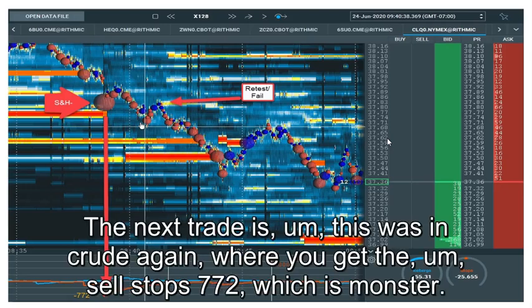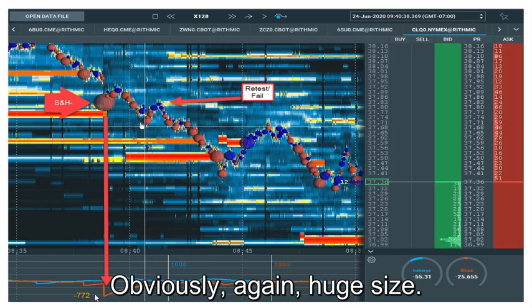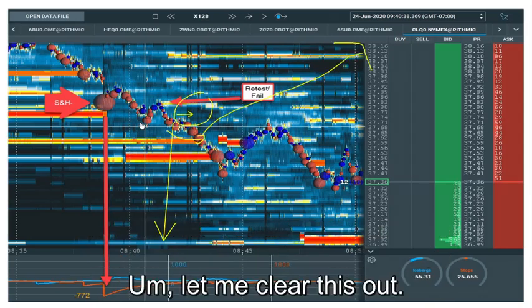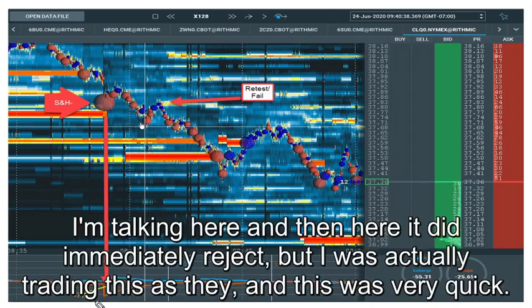The next trade was in crude again, where you get the sell stops, 772, which is monster. Obviously, huge size. We look for 100 in crude, and this was almost 8 times that amount in this area right here. Let me clear this out. And then here, it did immediately reject, but I was actually trading this day, and this was very quick.